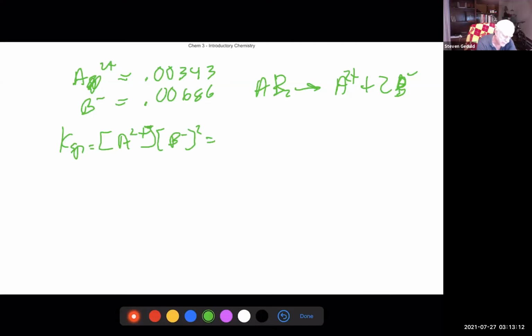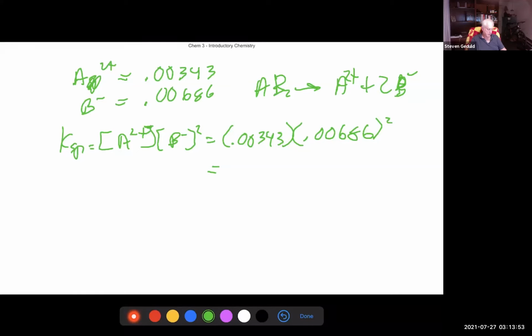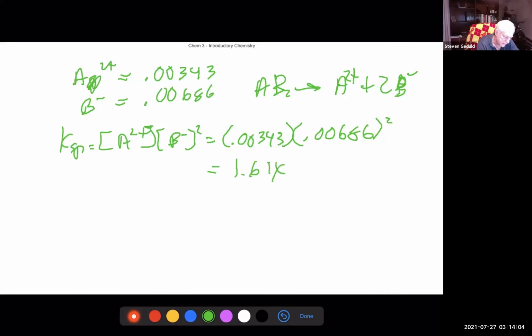So that's 0.00343 times 0.00686 squared, and just do the math. 0.00343 times 0.00686 squared equals 1.61 times 10 to the minus 7.